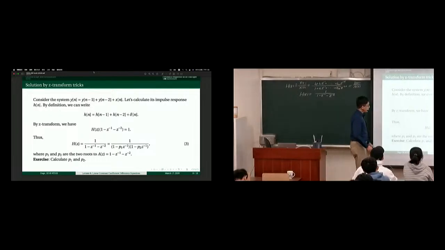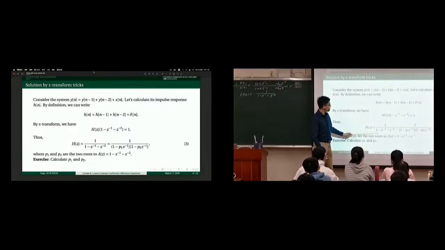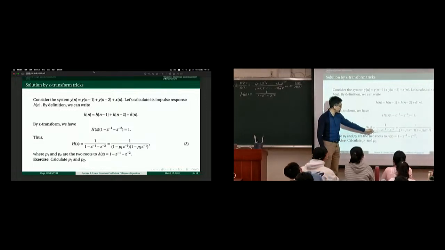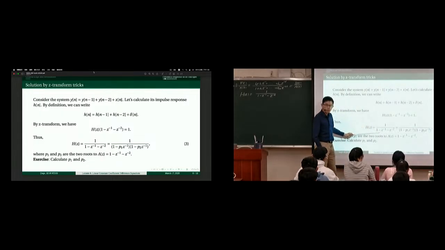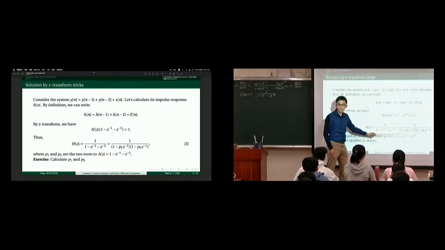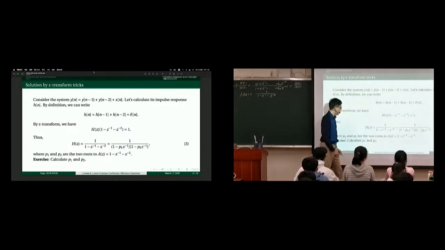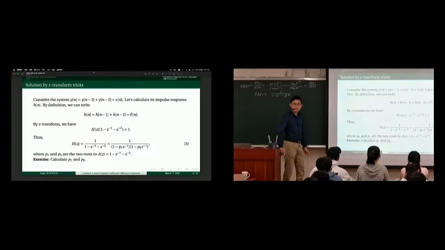And the next step is also pretty straightforward. Now, find the roots. We know that every polynomial can be factorized. In this case, we have a second order polynomial, so it has two roots, and we can factorize it into the product of two terms, where P1 and P2 are the two roots of this polynomial.